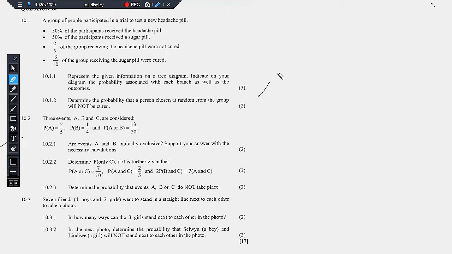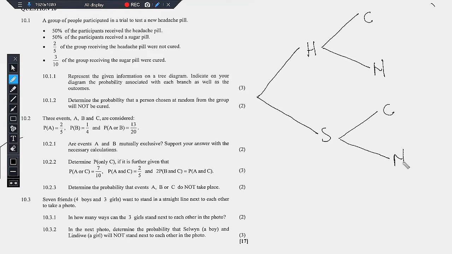So the way we'll represent that is, here we go. Our first event can either be the headache pill or the sugar pill. After taking the headache pill, you can either be cured or not cured. And even with the sugar pill, you can be cured or not cured, right?